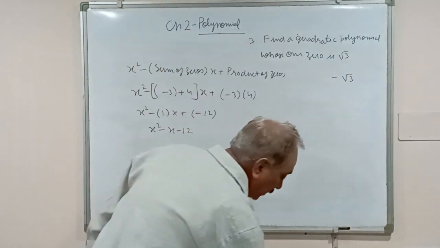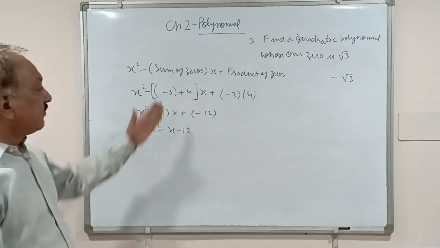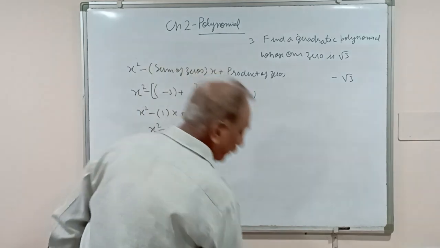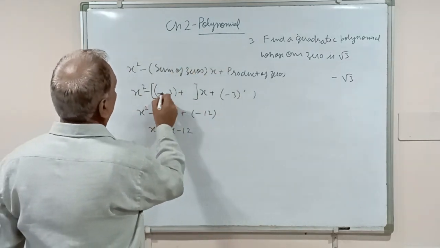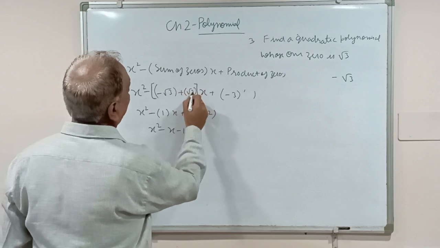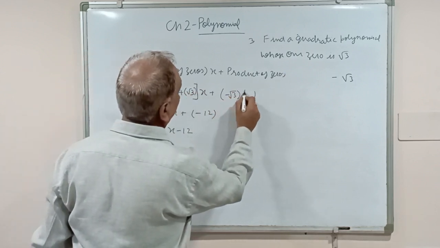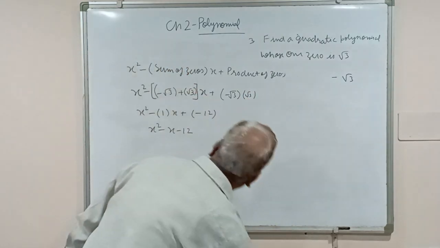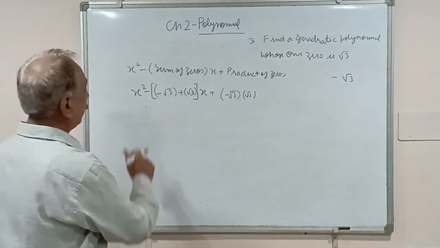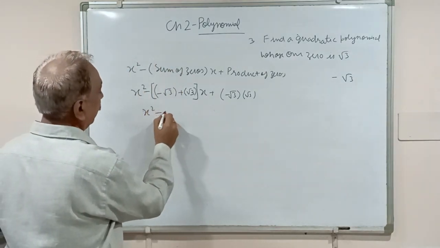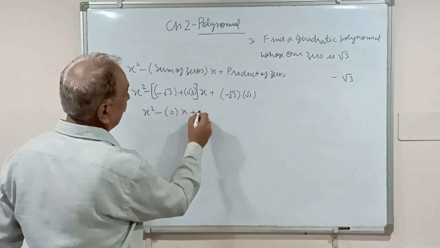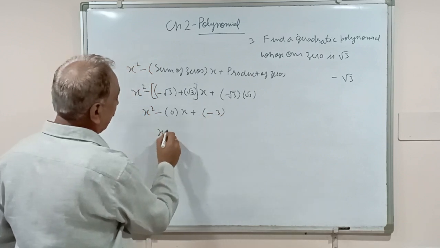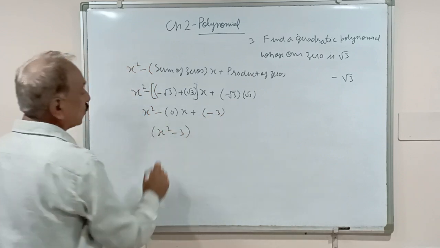So same pattern, you can put the values in this formula and solve. Minus root 3 plus root 3 is 0. Minus root 3 into root 3 is minus 3. Finally x square minus 3 is the quadratic polynomial.